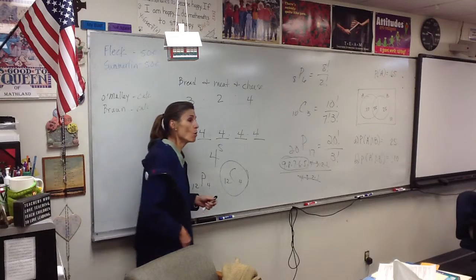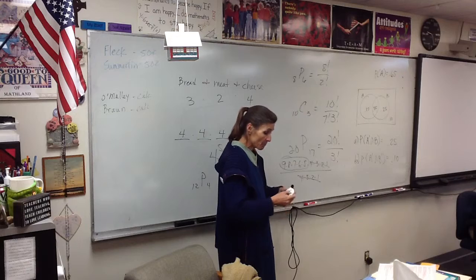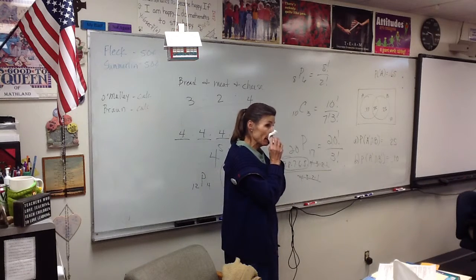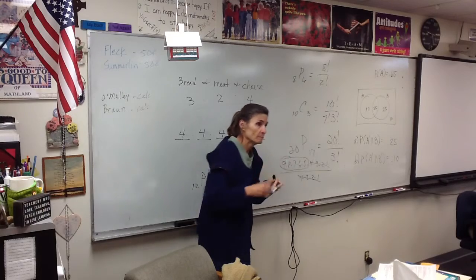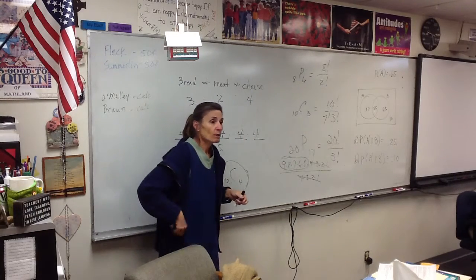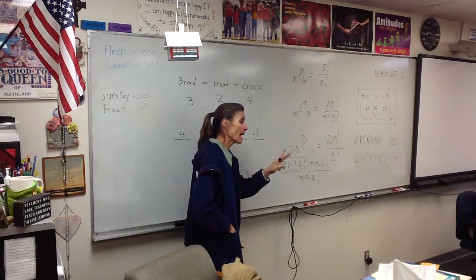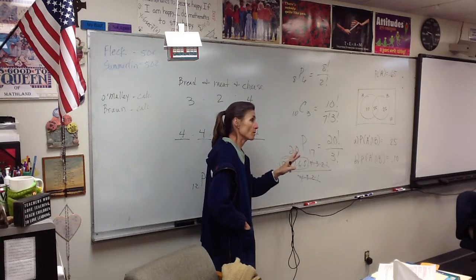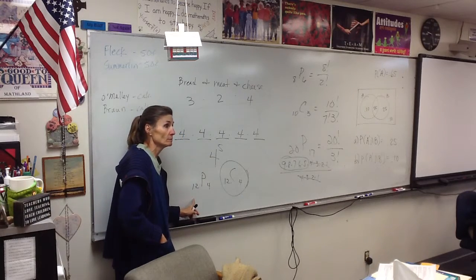Because there's no order, because the prizes are identical. If the prizes are the same, then we don't care who's first. If I were giving away a red marker, a blue marker, a black marker, and a purple marker, then it would be 12P4.